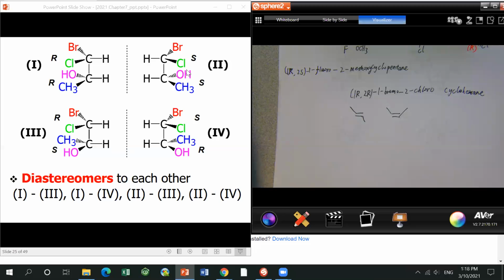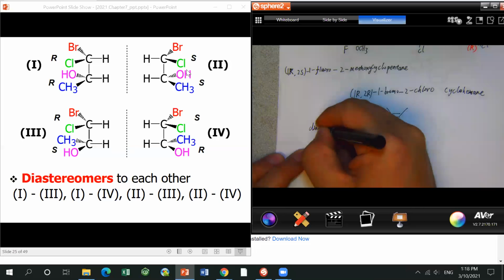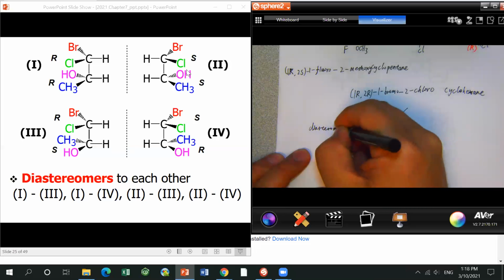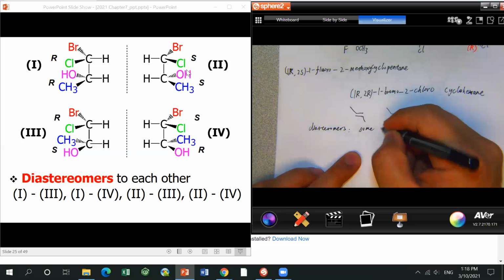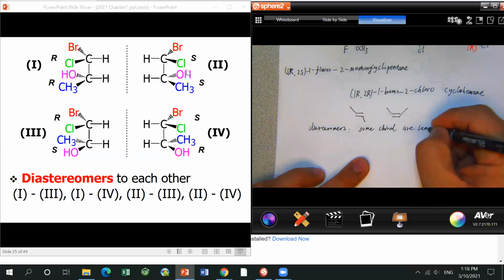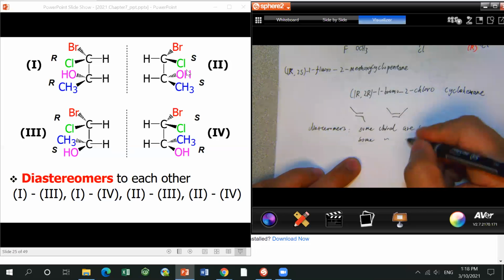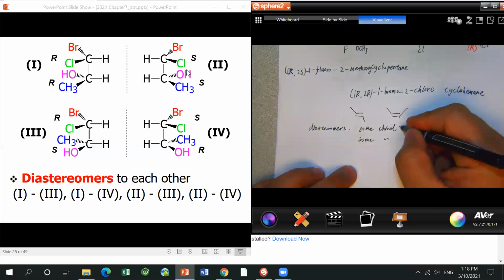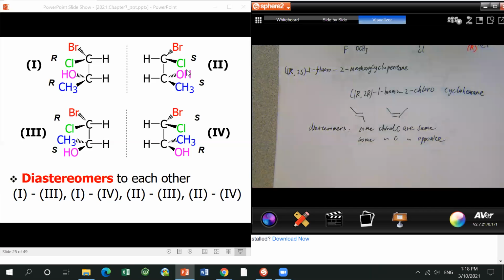For you guys, so far you can write it down. Diastereomers: some of the chiral centers are the same and some chiral centers, chiral carbons, are opposite, then we generate the diastereomers.